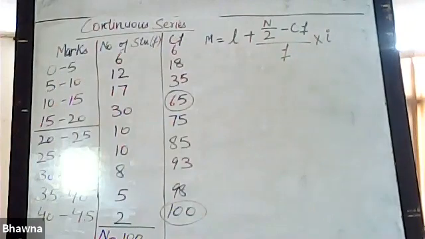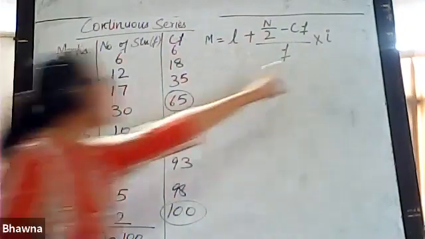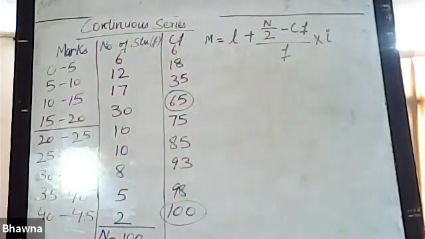The difference between class intervals, that is 5. The formula of continuous series is written here. The difference between class intervals is 5 here. Fine.